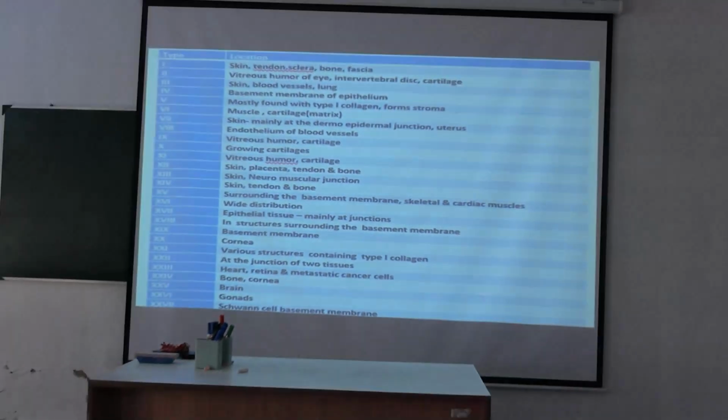So these are the different types of collagen and their locations. Mainly the first 5 to 6 types of collagen are important. Type 1 collagen you will get in skin, tendons, sclera, bone and fascia. Type 2 you will get in vitreous humor of the eye, intervertebral disc and cartilage.